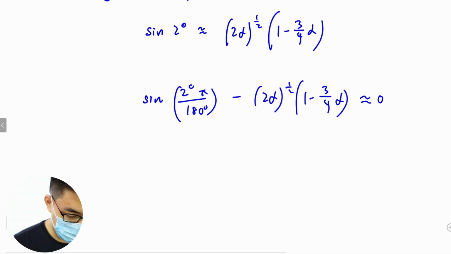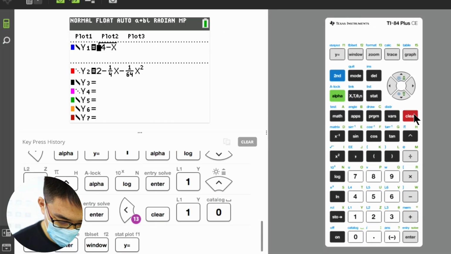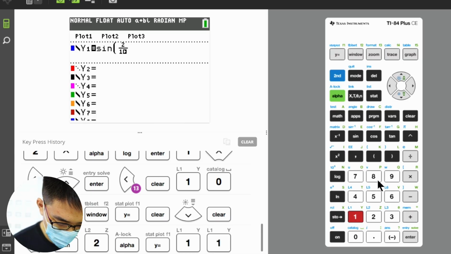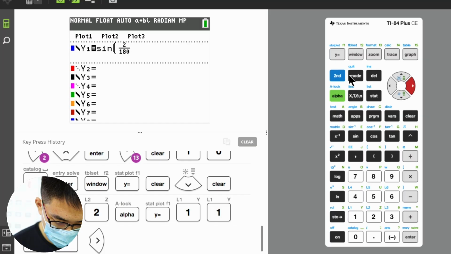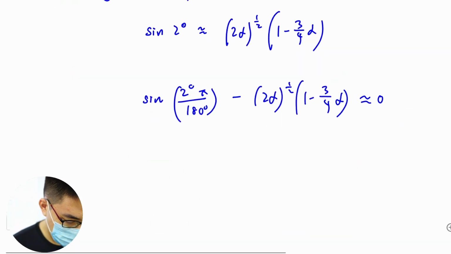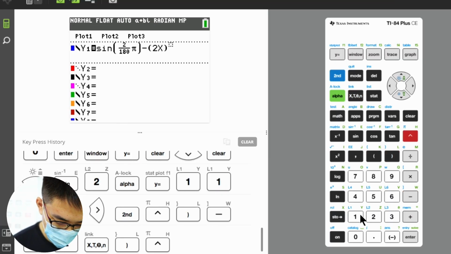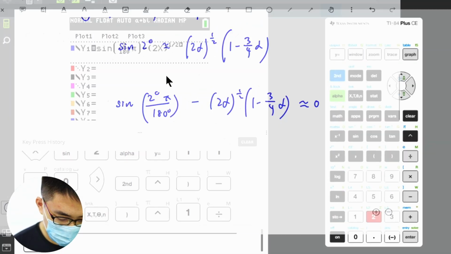So I'm going to key in calculator. Sine 2 over pi minus 2 times half, 1 minus 3 over 4.